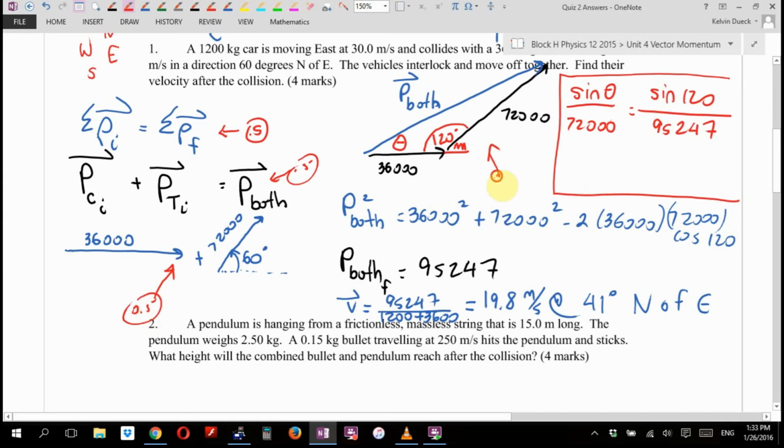A half mark for the vector triangle. A half mark for the cosine law. A half mark for that, a half mark for that, a half mark for that, and a half mark for that. I think that's 8 halves. Let me see. 1, 2, 3, 4, 5, 6, 7, 8, 9. That's 9 halves.